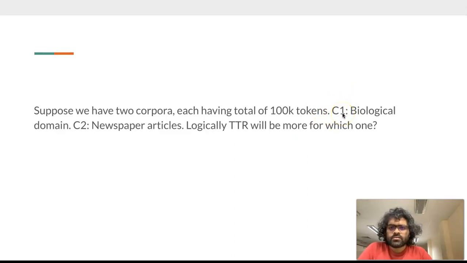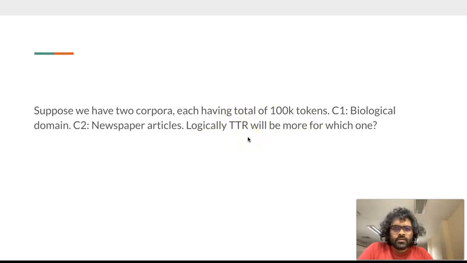The first corpus is from the biological domain, and the second corpus is newspaper articles. Now logically, what do you think? For which corpus will TTR be high and for which will TTR be low?